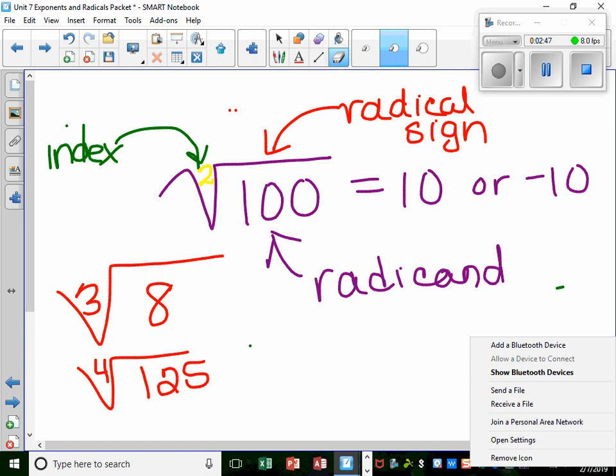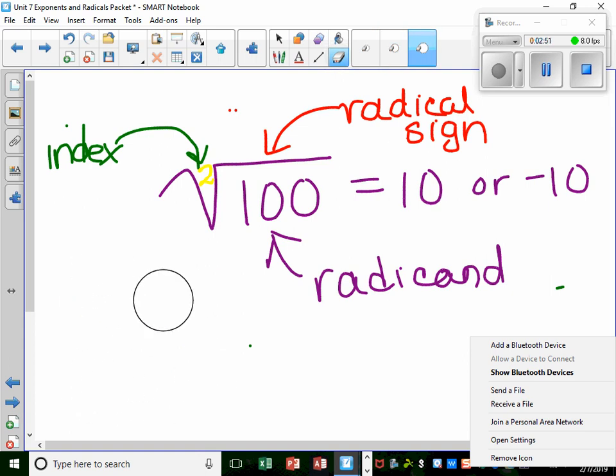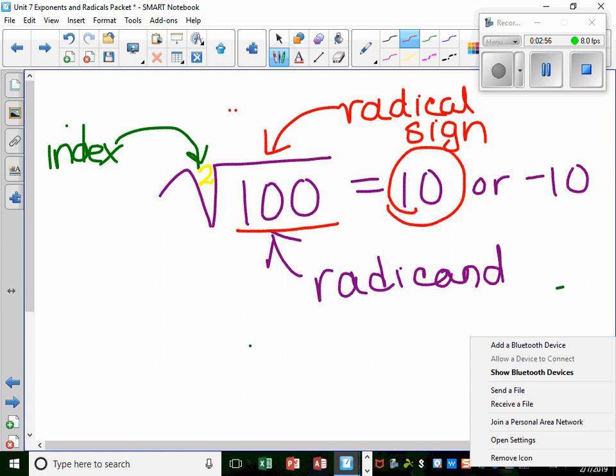Let me show you. The index represents how many times you multiply the same number together to get the radicand. So this 2 means: what same two numbers can you multiply together to get 100? We know it's 10. What same two numbers can you multiply to get 100? Negative 10 times negative 10.